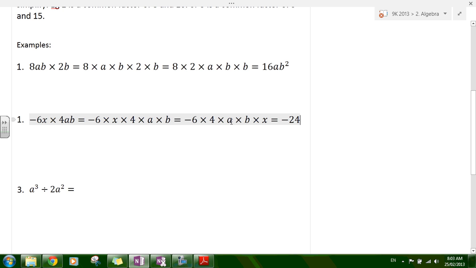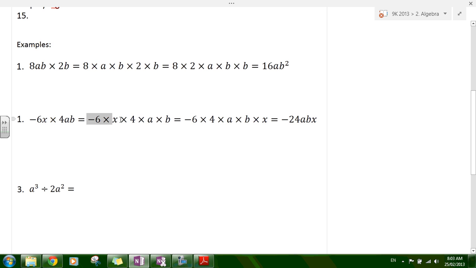And then I have just 3 different pronumerals. I have all the variables. A, I have b, and I have x. And I can't combine them with any powers or anything, so I simply get minus 24 a, b, x. That's what I end up with. So I've expanded it out.